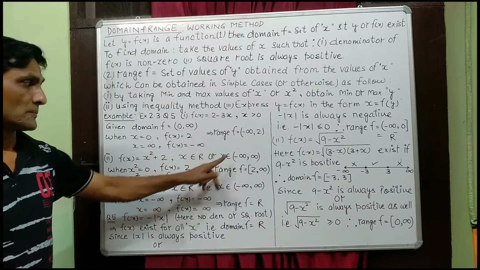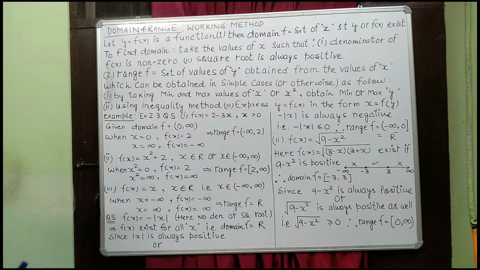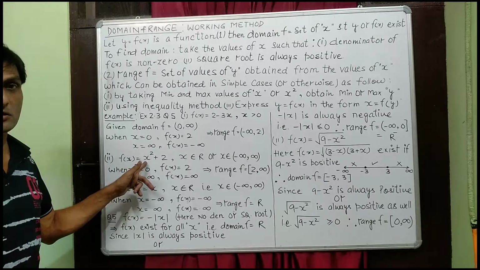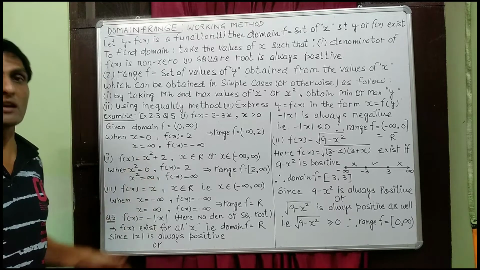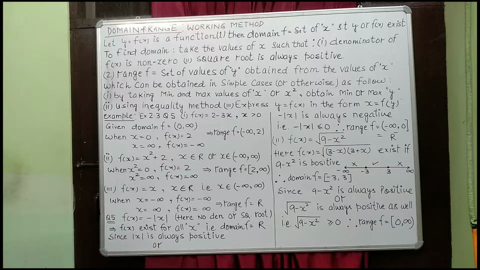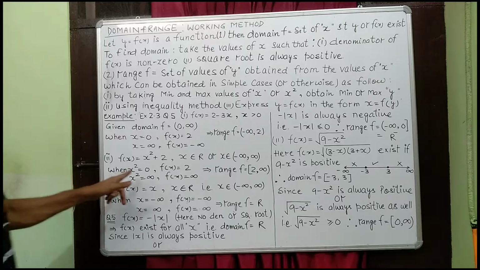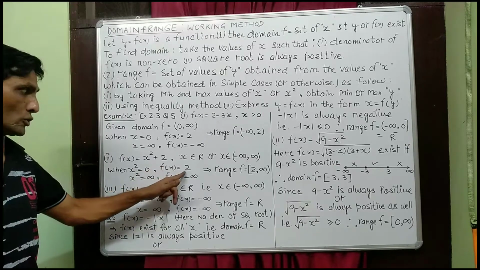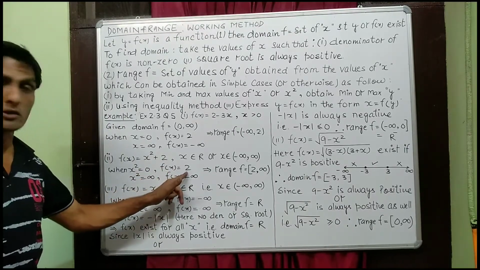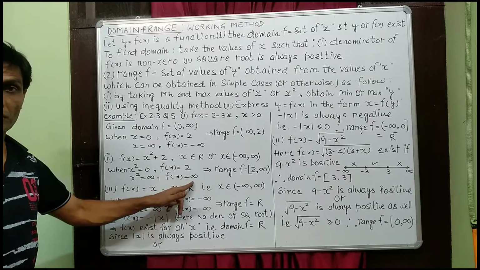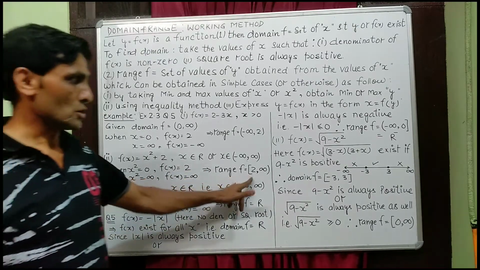When x goes from minus infinity to plus infinity, negative numbers become positive after squaring. Therefore the minimum value of x square is 0 and the maximum value is infinity. When x square is 0, f(x) is equal to 2, and when x square is infinity, f(x) is infinity. So the range of the function is 2 to infinity.